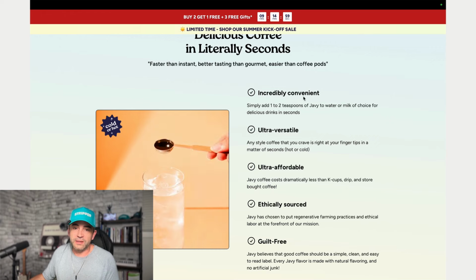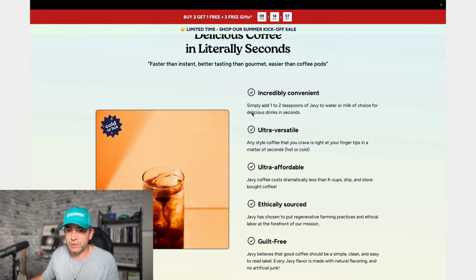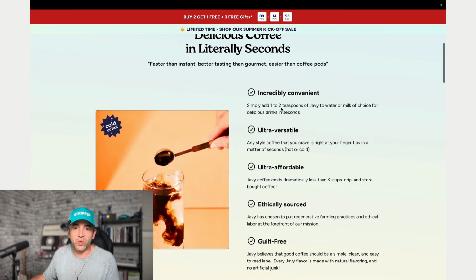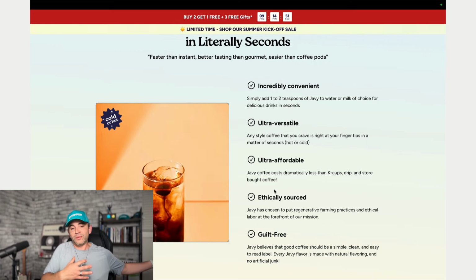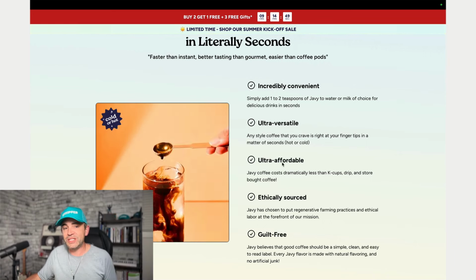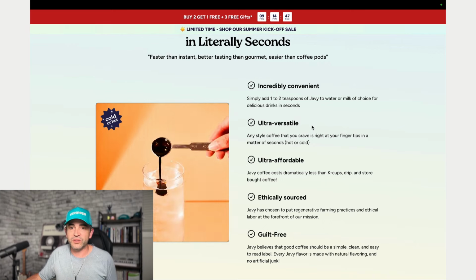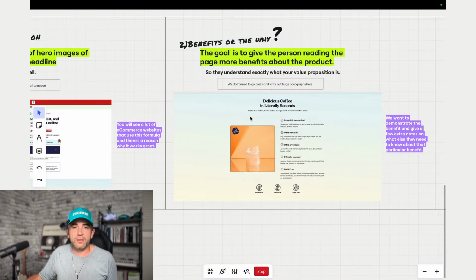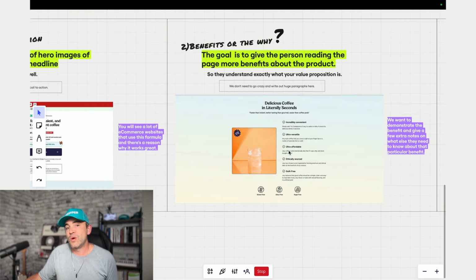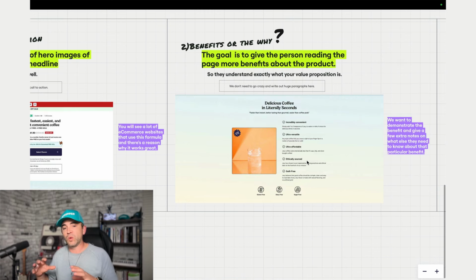These benefit bullets here lead with a little bit of instructions. So not only are you learning exactly what benefits you're going to get, but it's also teaching you how to use the product. So it's kind of like a 2-for-1. That's basically where you're going to want to demonstrate what the product is going to do for the consumer.